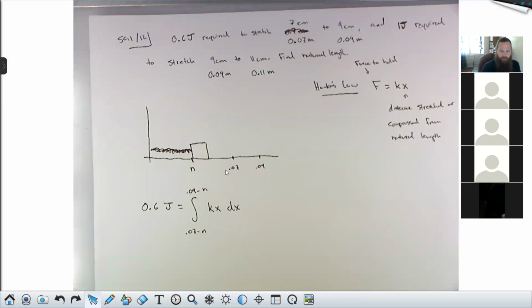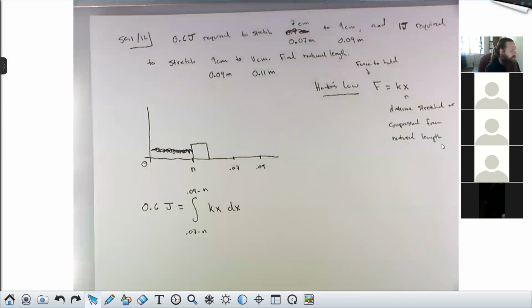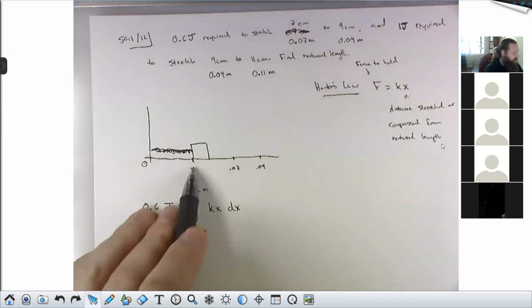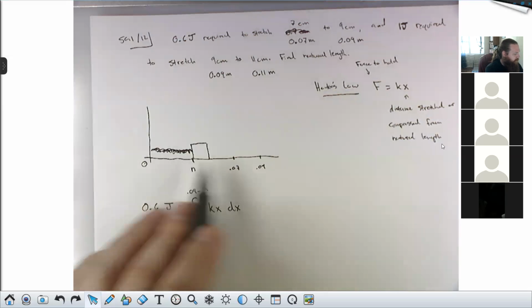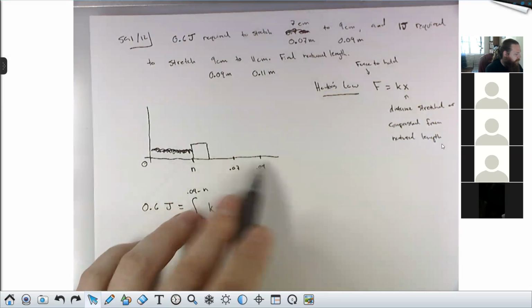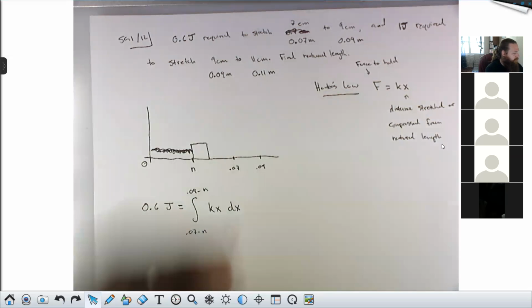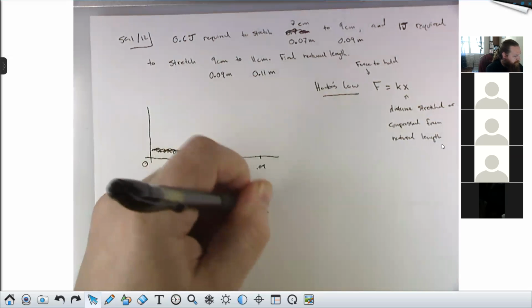And this might feel a little bit weird, but just remember, x is the distance from the natural length. So if I'm calling this position 0, calling this position the natural length, then to go from here to here, my x values, my distance from the natural length, is 0.07 minus n to 0.09 minus n. And this is an integral we can crunch out. The k pops out.